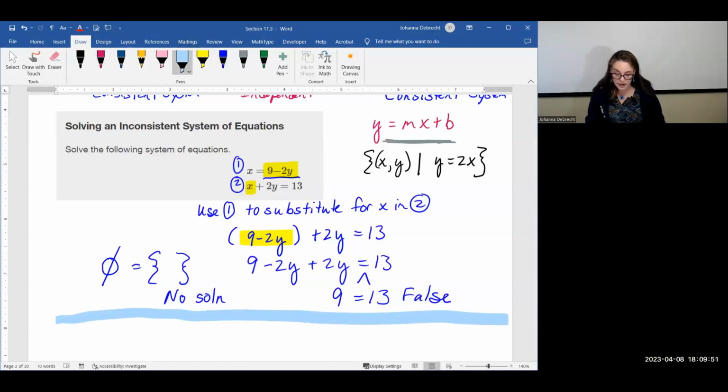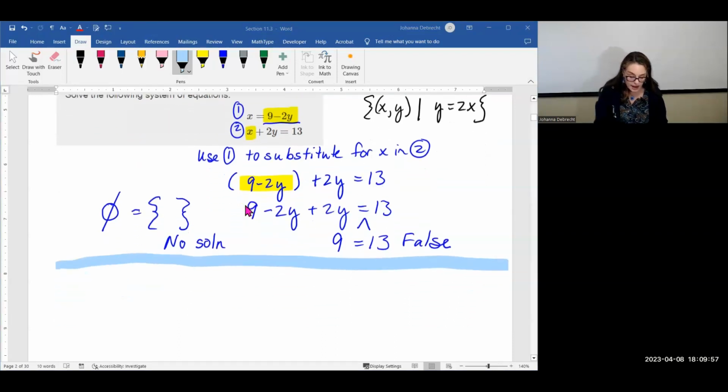And I've got my system of equations here, but notice these formats do not match. I need a different color. Blue is my favorite, in case you can't tell. x equals 9 minus 2y, and the other equation is x plus 2y equals 13.